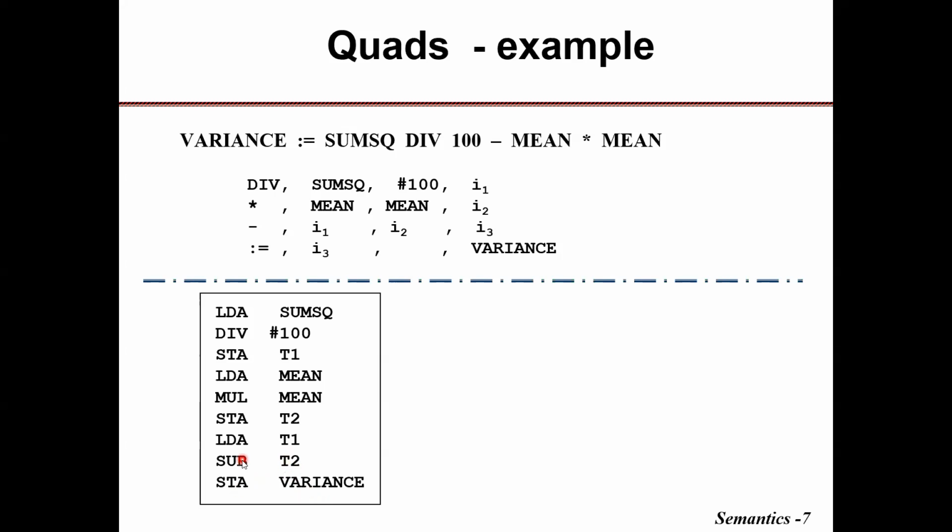So if we have a store followed by a load and these two values are the same, then we can optimize that right out. Likewise with the subtraction. If we did a load A and subtract itself from itself, well, that's different, right? Because now this is the second operand field. So that's not quite the same thing.